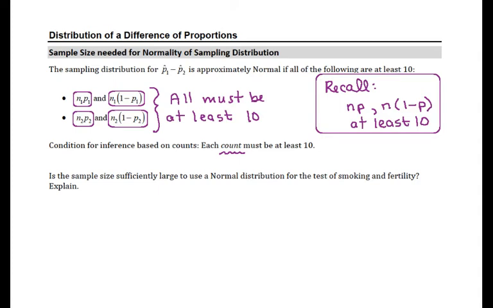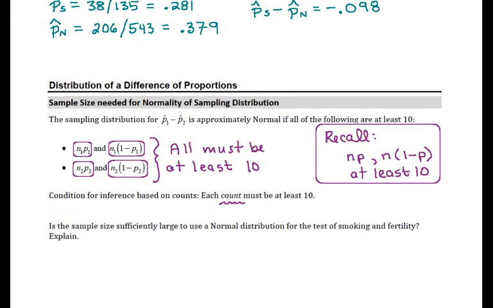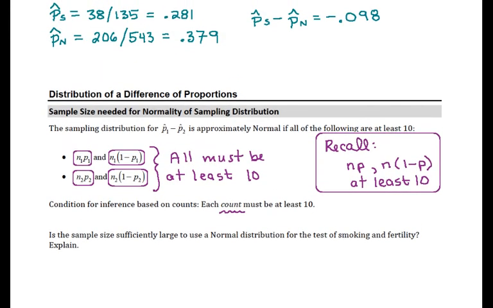To see why that's true, let's back up a second to these sample statistics that we calculated. Notice that my p-s hat I got by dividing my count by my sample size. Well, if I take that proportion of 0.281 and multiply it by the sample size, then I get back that count, right?